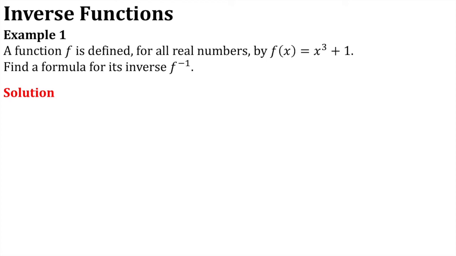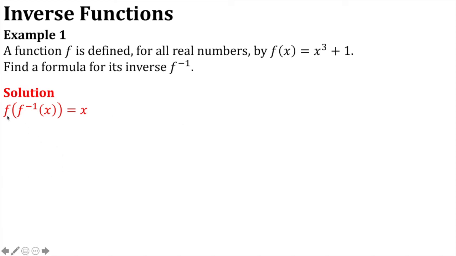Now, I did say we would go through a second method for this. Remember I said earlier that if f and g were inverses of each other, then f of g of x was equal to x. So if we know that we've got f and the inverse of f, then f of the inverse of f of x must be equal to x.